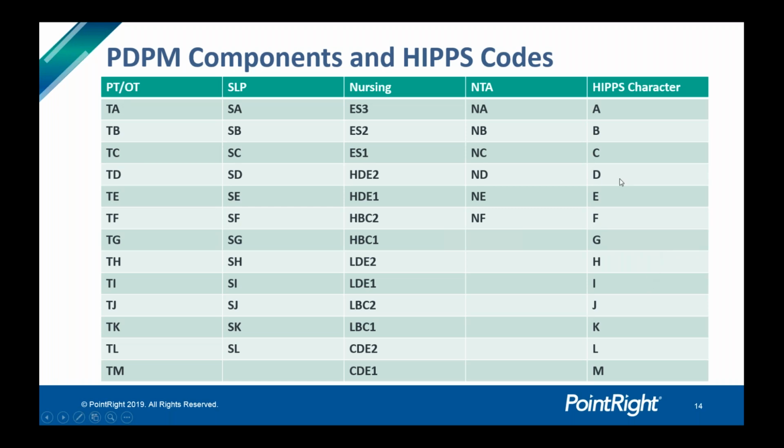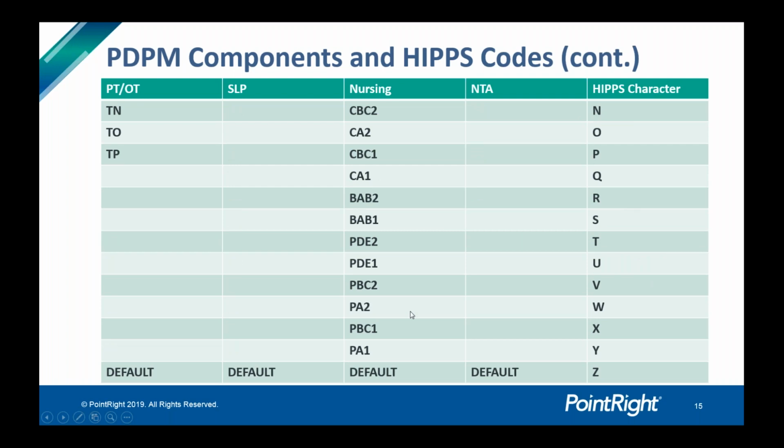So don't assume that a lower level in the alphabet means higher reimbursement, because it only does up to a certain extent. So this is here for your reference. I really would recommend, though, sticking to any official CMS CMI tables to see the actual case mix indices that go along with each of the PDPM classifications.